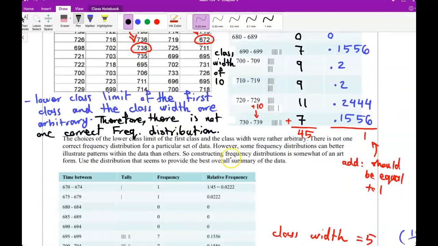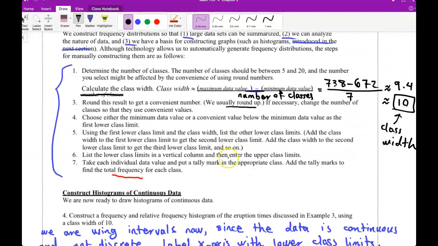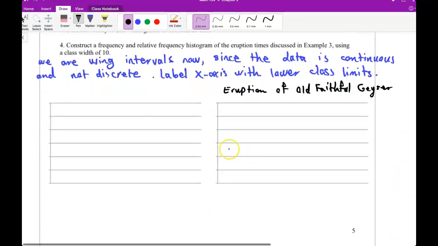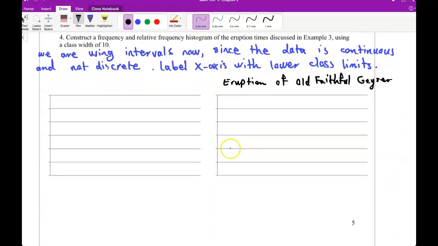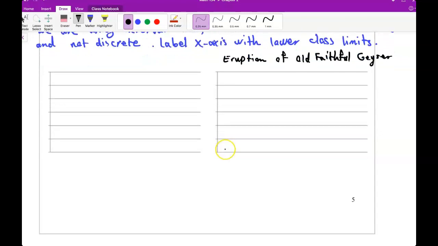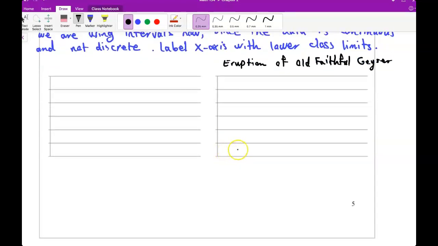So I wrote that part. Okay, so this will have relative frequency and here frequency.